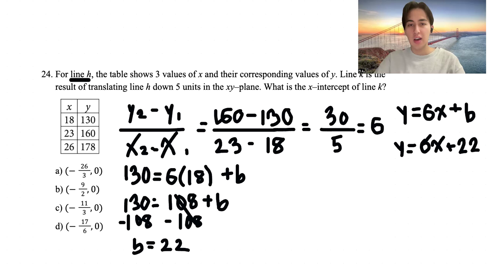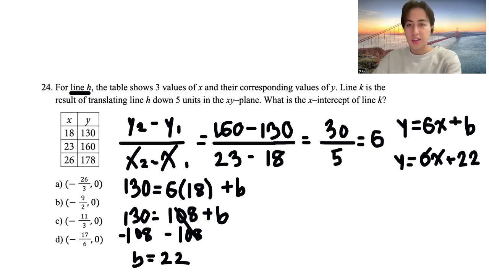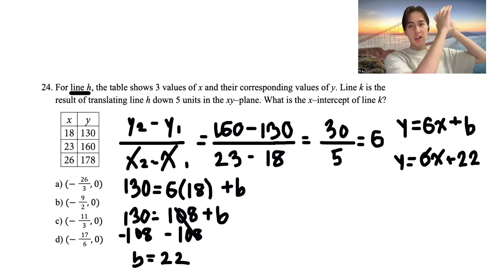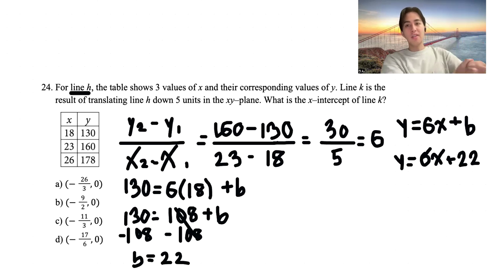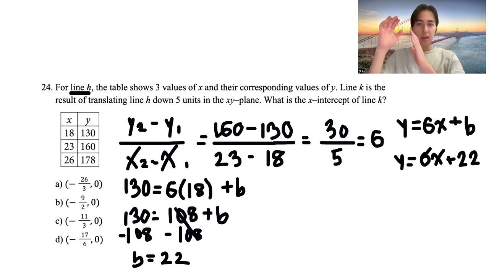What they want us to do is find line K, right? Line K is the result of translating line H down 5 units. Translating is just a term to say move. So you're literally just moving line H down 5 spaces to get to line K. If you're moving the entire equation down by 5, that means that the b value will decrease by 5.